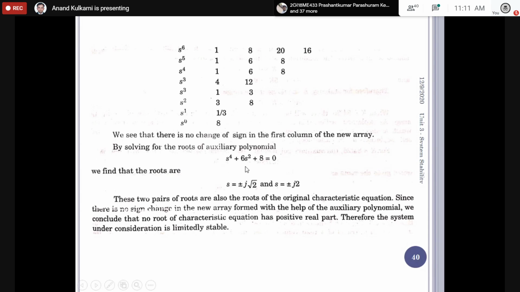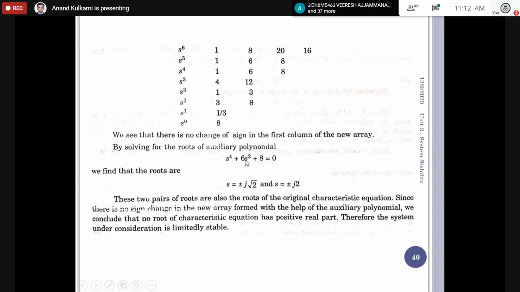You will get only 4 roots: 2 roots are plus or minus root 2j, and the second pair is plus or minus 2j, because the S^4 row is there. So it is a quadratic equation in S squared: S^2 raised to 2, S^2 raised to 1, S^2 raised to 0 term is there.